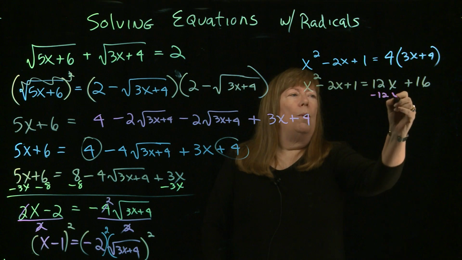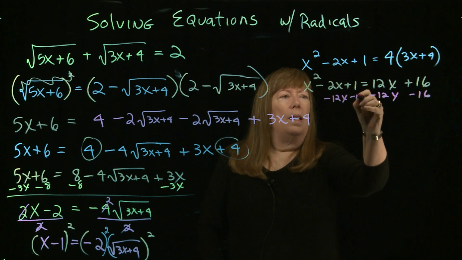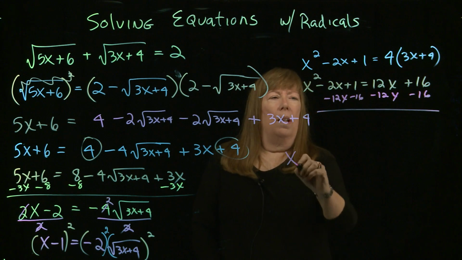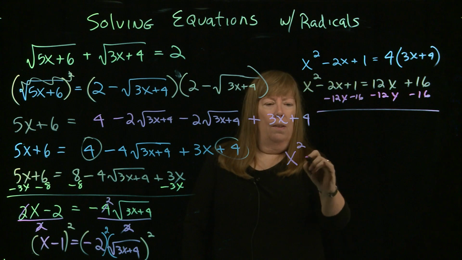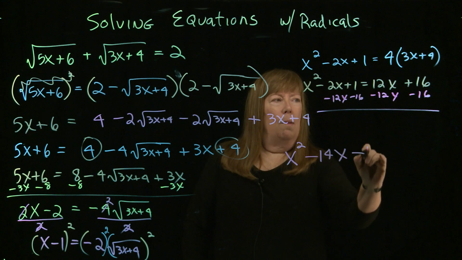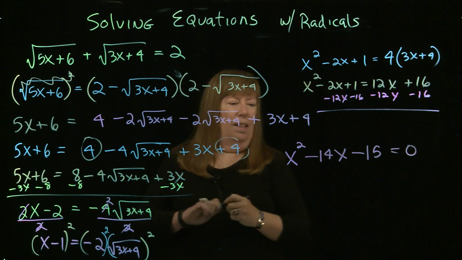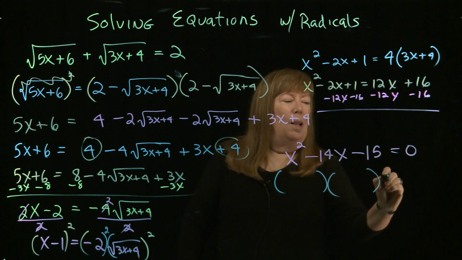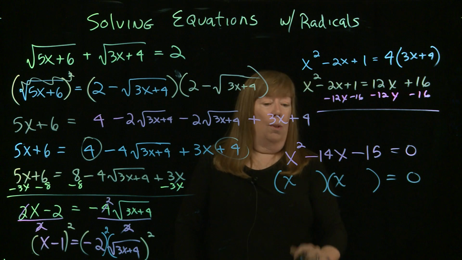We'll subtract 12x from both sides. And we'll subtract 16 from both sides. And we're going to have x squared minus 14x minus 15 equals 0. All right. By now, if your heart hasn't stopped, you'll realize that that's factorable.